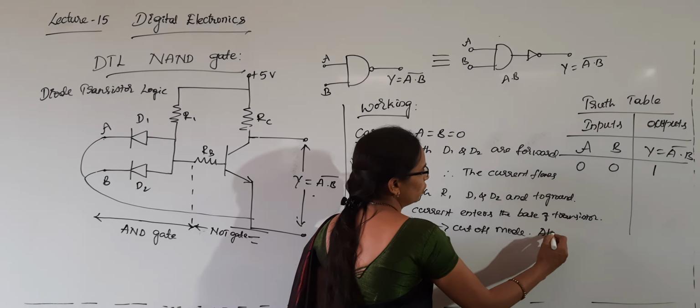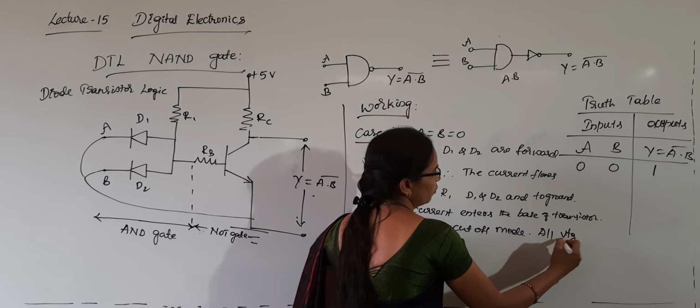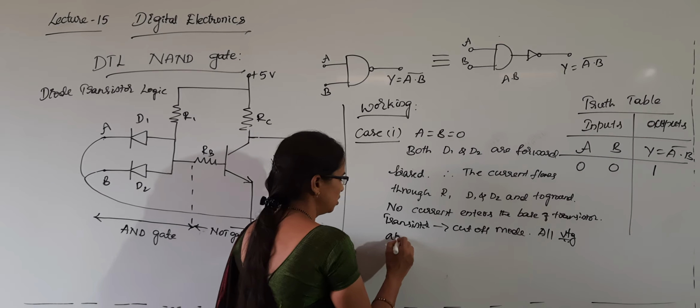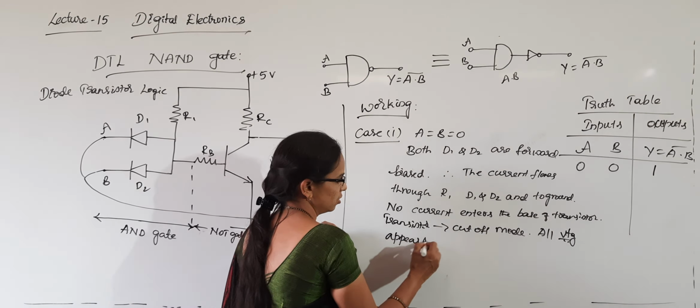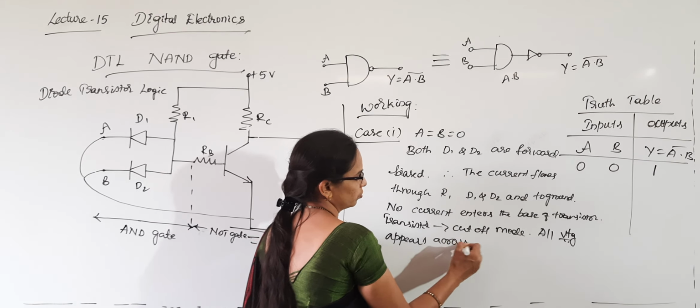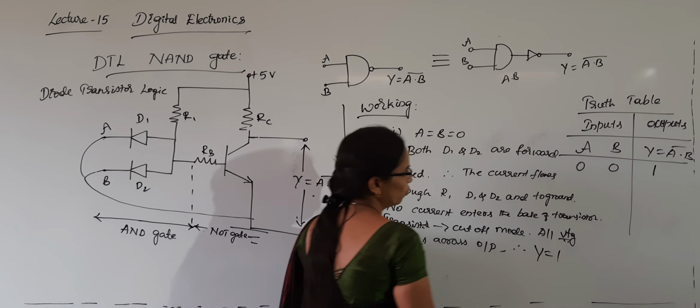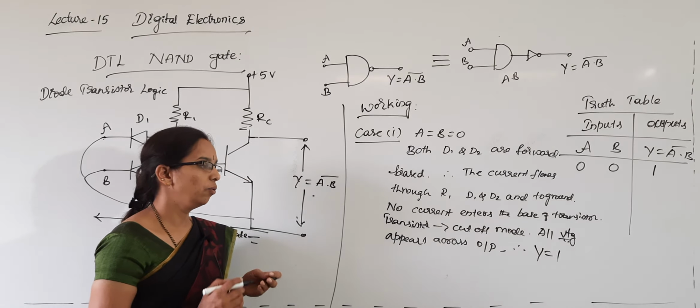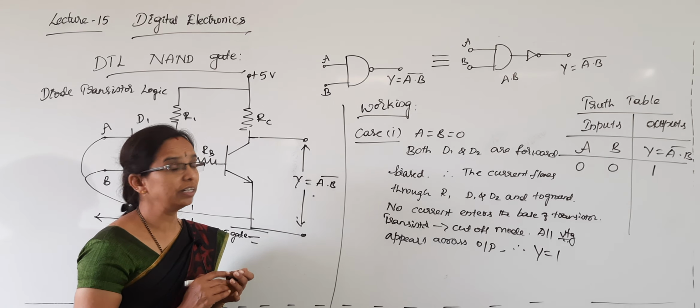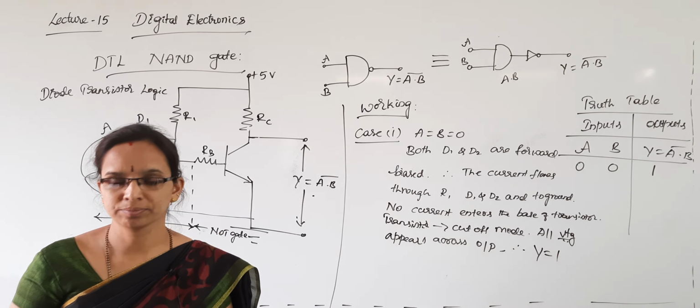So, all the 5 volts appears across the output, therefore Y is equal to 1 in case 1.